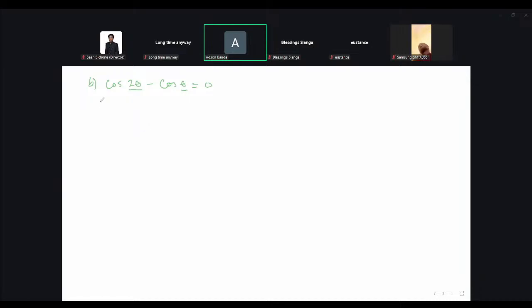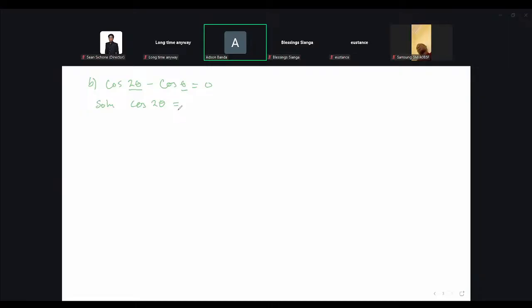So what we are going to think about is an identity that involves the cosine of 2 theta, which gives us the cosine of theta and the other things.